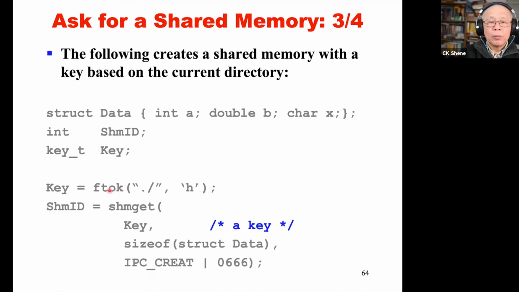Then we call ftok by using the current directory and a small integer as two arguments to ftok. And ftok would create a key value stored in the variable key. And then you insert the key variable here and the size and creation and so on. Then shared memory get would return the shared memory ID to you.